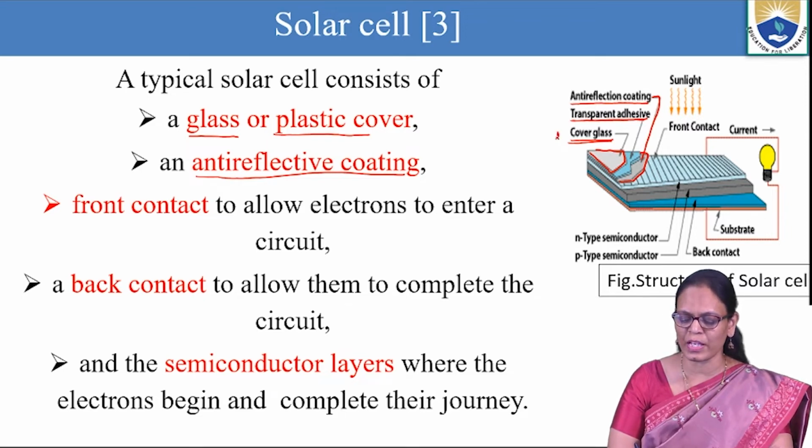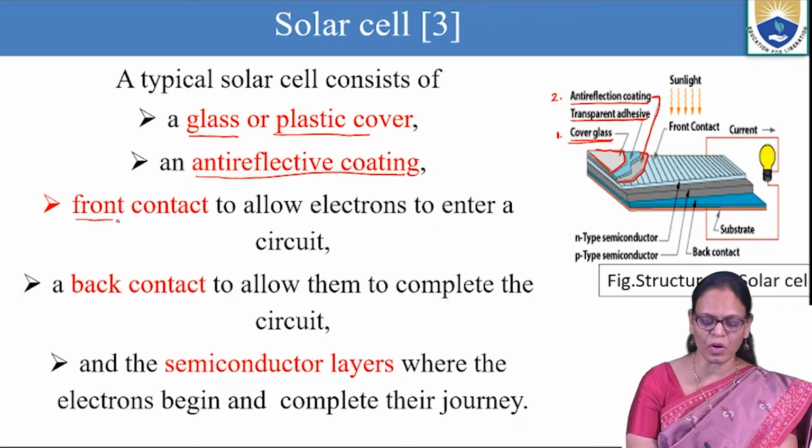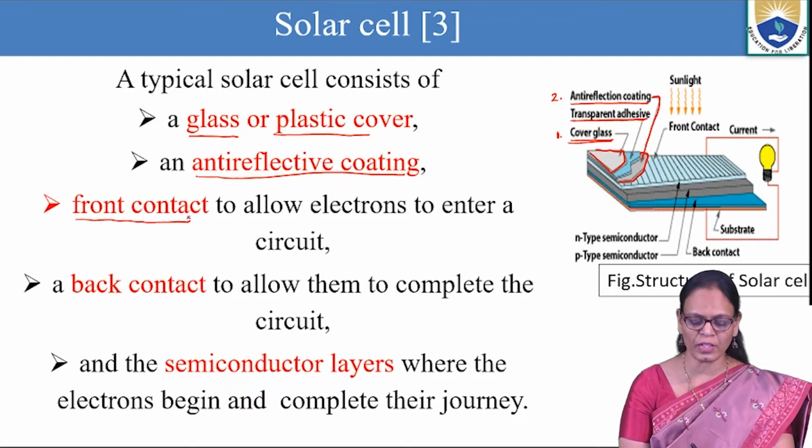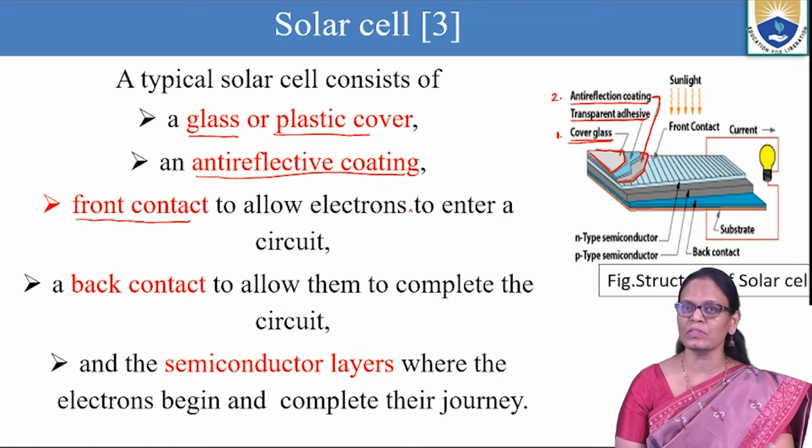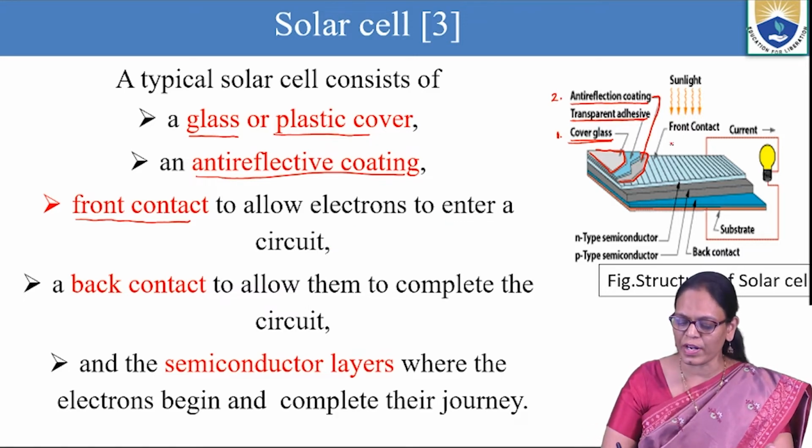So the first one is the cover glass and the second one is the anti-reflection coating. Then we have the front contact. The front contact is to allow the electrons to enter the circuit. This part which we see here is the front contact.